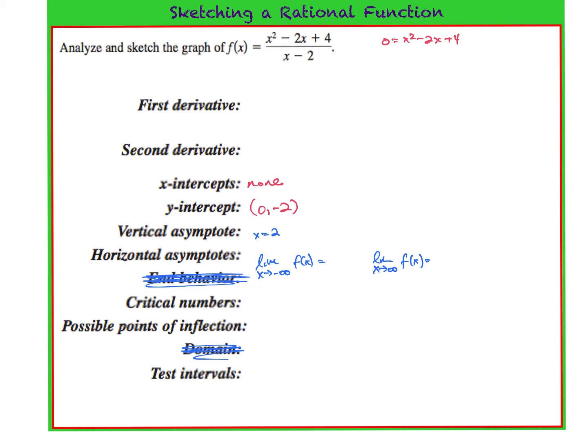So what do I get? I get -infinity. All right. And then if I substitute in infinity, what do I get? Positive infinity. All right, but technically, do I have any horizontal asymptotes? No, I don't really have any. All right, that was our pre-calc, or algebra 2 part of it, or algebra 1.